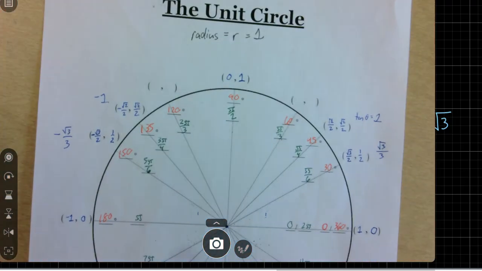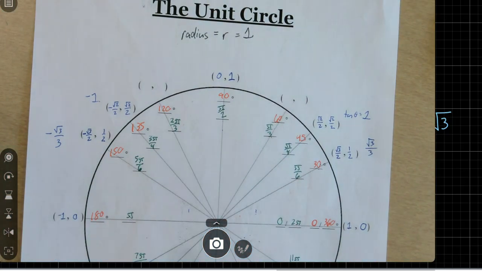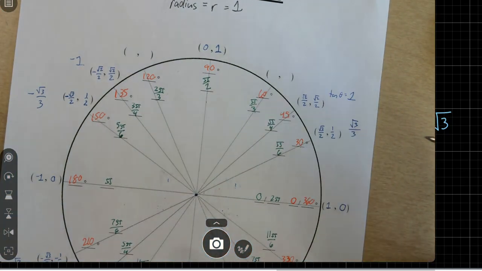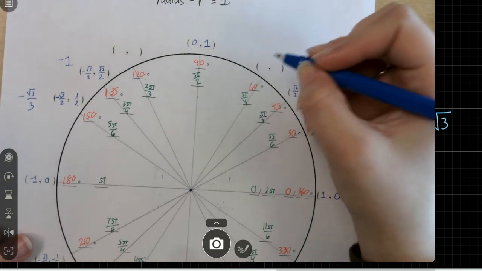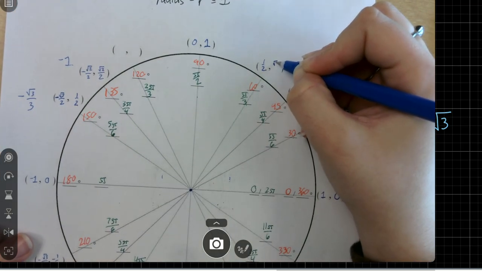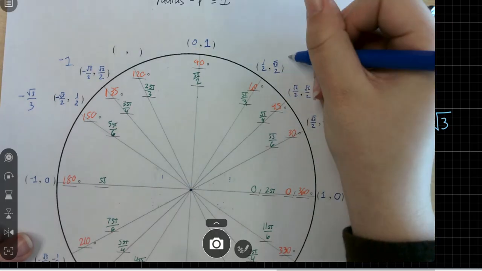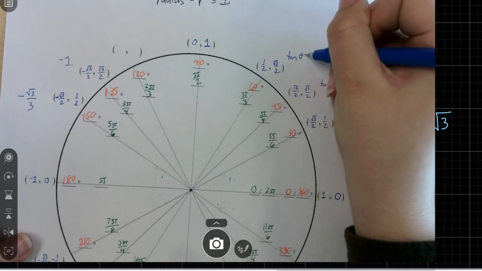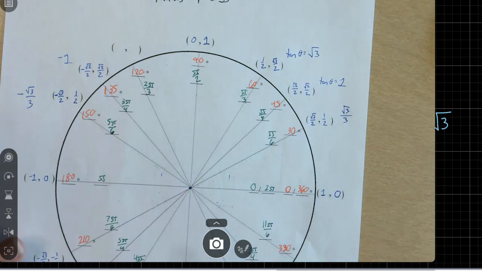Benj, where am I at? What degree? Okay, what is my coordinate at 60 degrees? It's 1/2 positive, and then square root of 3 over 2 positive. Great, and what's tangent here? Perfect.